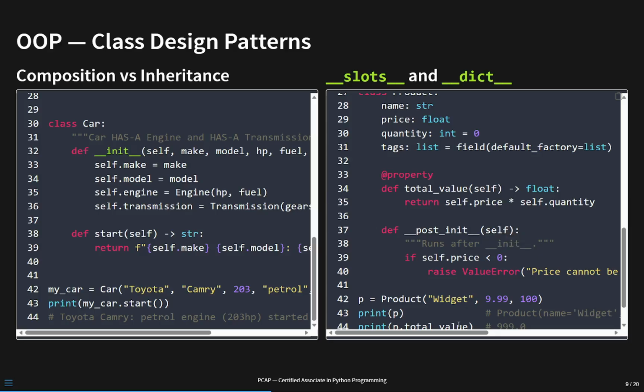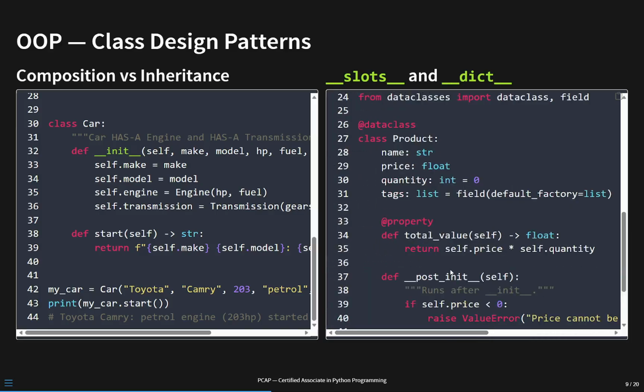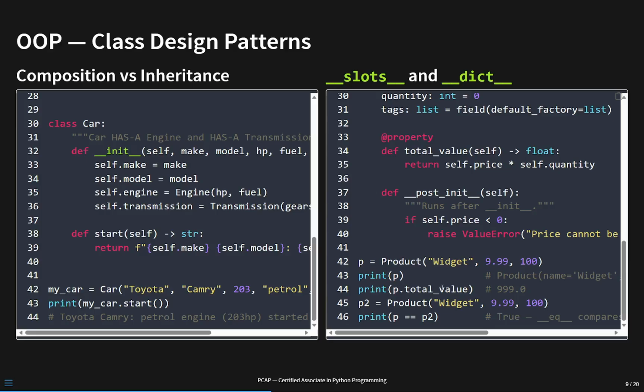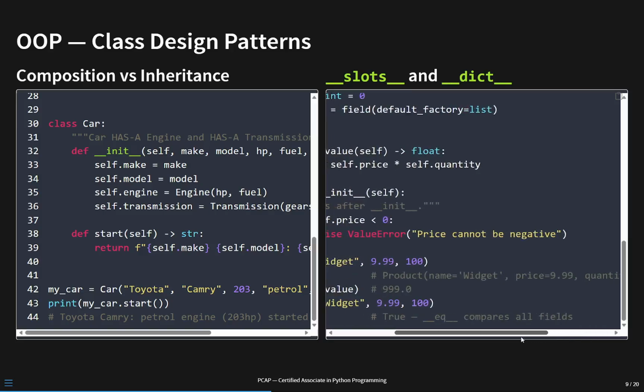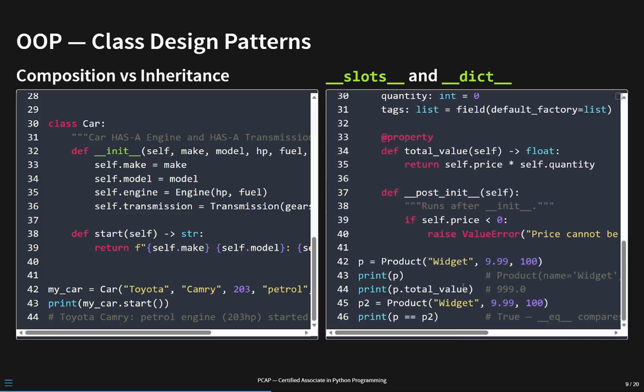Use it for validation. Note that @dataclass generates __eq__, which sets __hash__ to None by default. Use @dataclass(frozen=True) for immutable, hashable data classes.